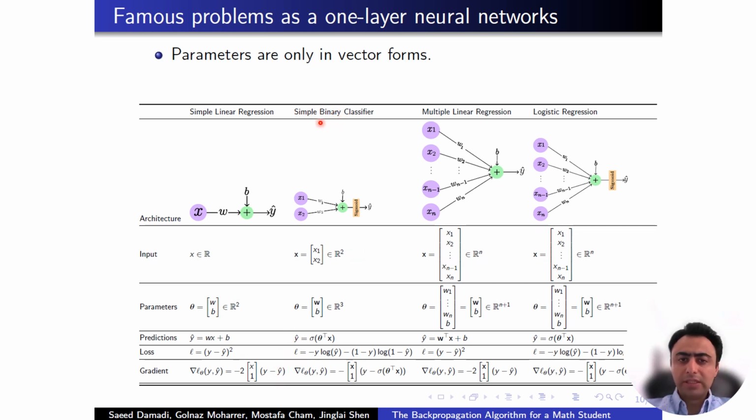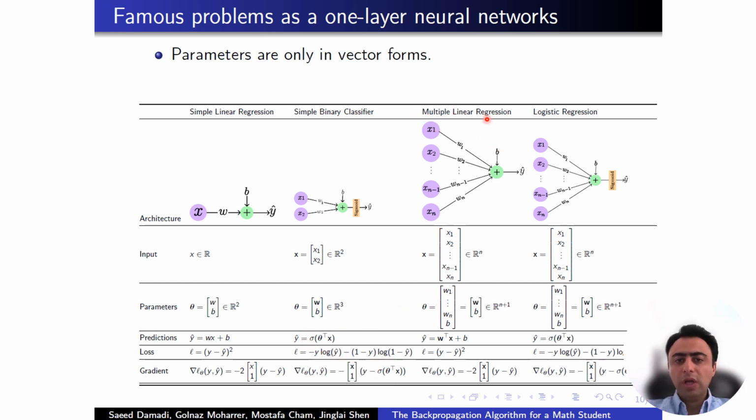Also, for simple binary classification, we have a sigmoid function, and then for example this is going to be the loss function, and then we have a function of x times y minus sigma of theta transpose times x, which is going to be our y hat.